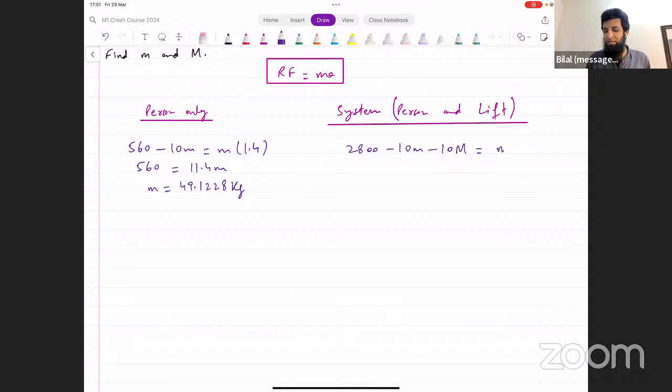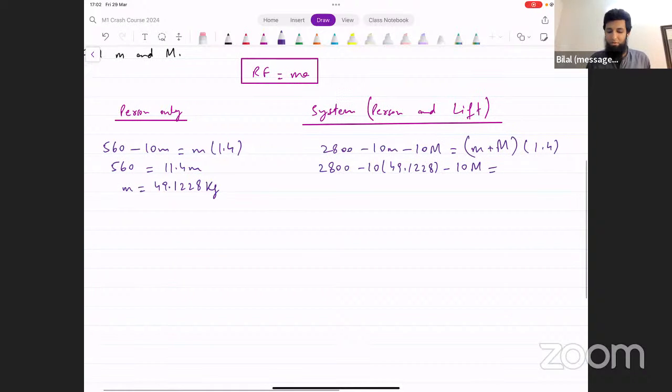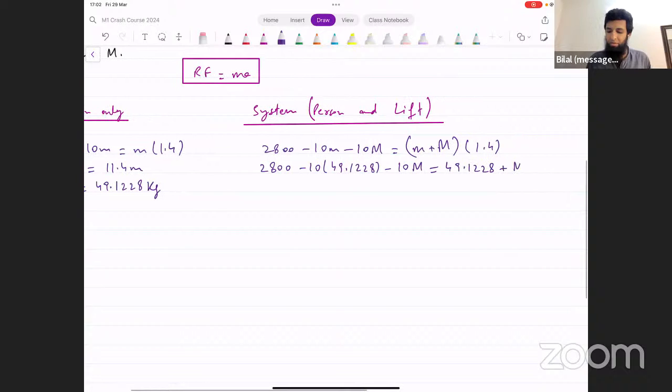That equals the total mass of the system, m plus M, into acceleration. Acceleration is 1.4. You can input the value of m that you found there. 2800 minus 10 times 49.1228 minus 10M equals 49.1228 plus capital M, whole multiplied by 1.4. And that will give you the value of capital M.